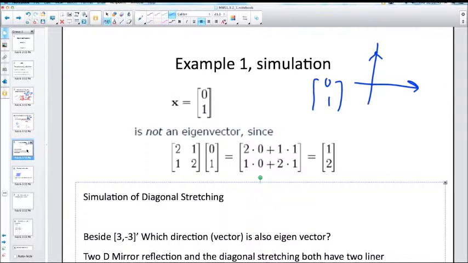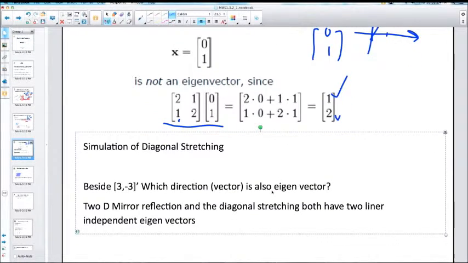This upward direction, if you multiply the A, you do the same calculation. 2 times 0 is 0, 1 times 1 is 1, then here's 1, 1 times 2, 1 times 0 is 0, 2 times 1 is 2. So after the transformation, this vector become 1 and the 2 become this direction. See, that's how you stretched it. So it's not an eigenvector because it changed direction.